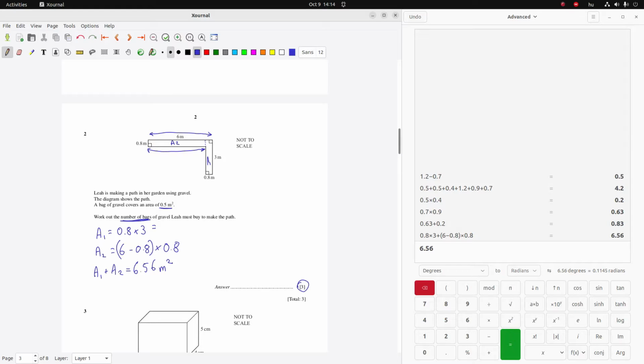So we need to buy 6.56 divided by 0.5. That's the number of bags we need to buy.